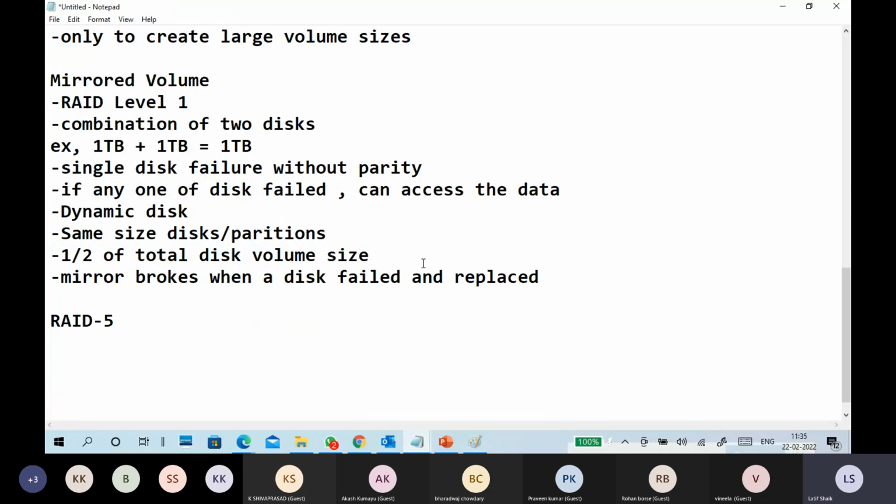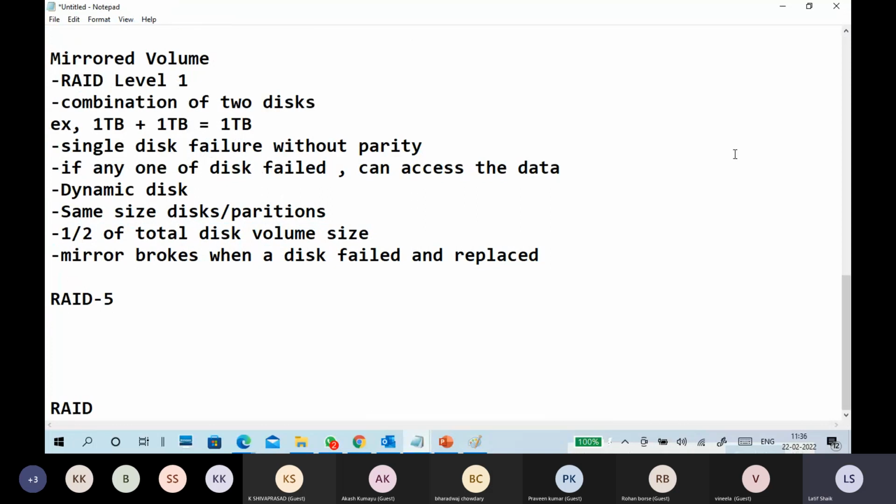It means if you put the disk offline, no problem. But if you remove the disk and reinsert it back, the mirror will be broken. So that is your mirror volume.